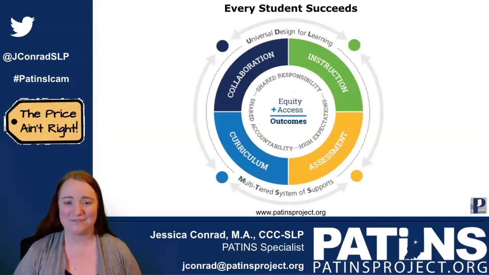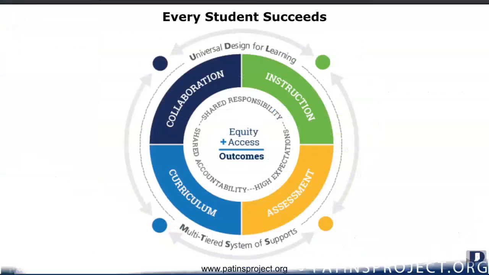So this is a visual representation of the Every Student Succeeds Act. This is the visual representation of what every single student in Indiana should be getting: excellent instruction, appropriate assessment, a robust curriculum, collaboration among the entire team. I love that this is hugged both inside and out by access and universal design for learning.